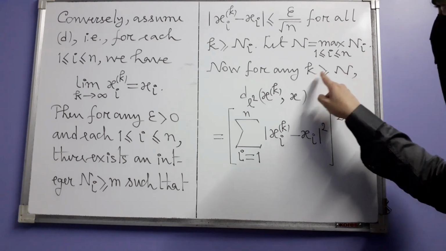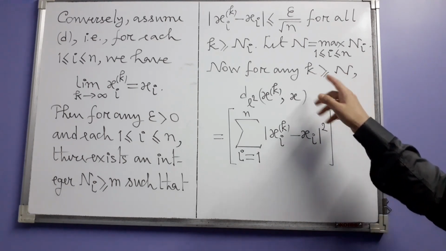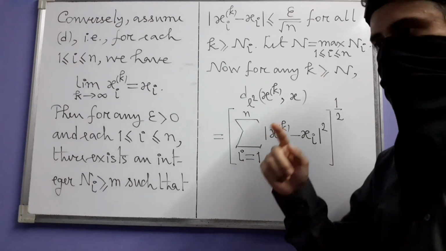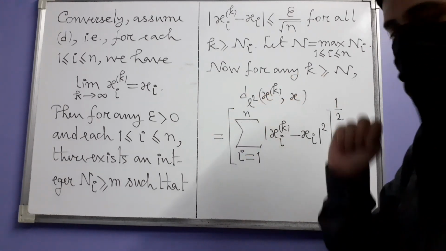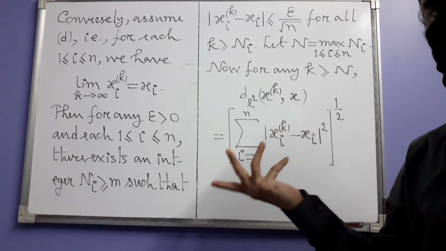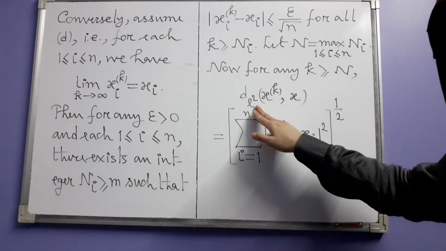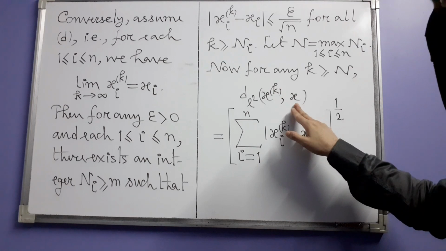Now for any such k greater than or equal to n, what is our aim? Our aim is to go to the statement A, which involves the metric d_l2. So let's see what happens now with the d_l2 distance between x^k and x.